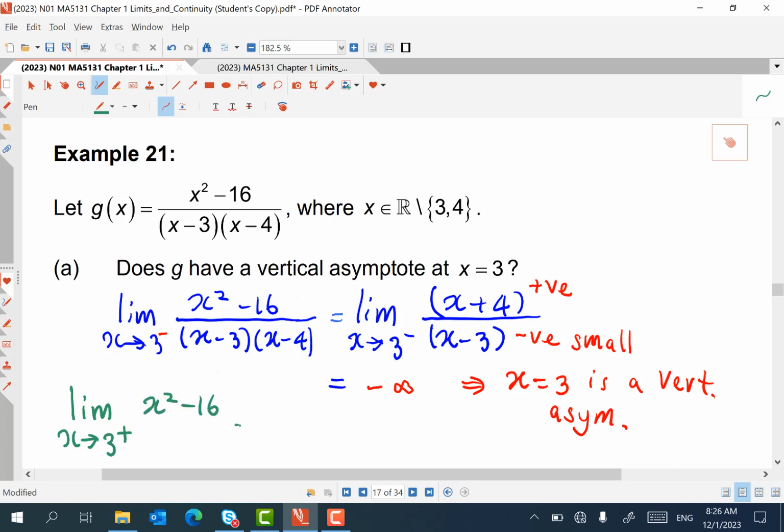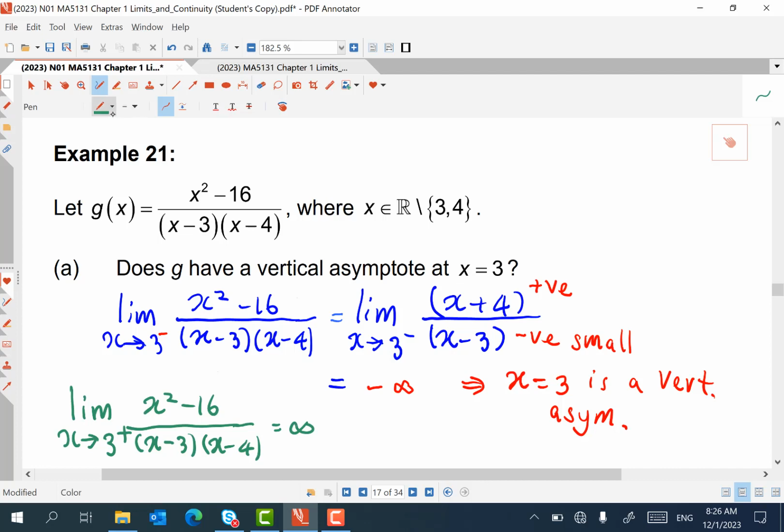If you do this, it is indeed infinity. And therefore it tells you that on the other side of it, there is also a vertical asymptote.